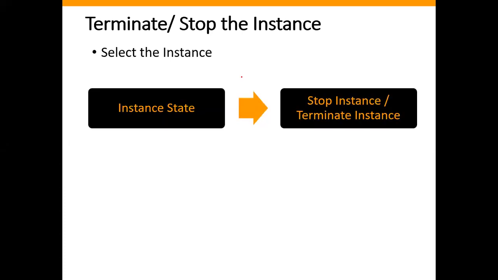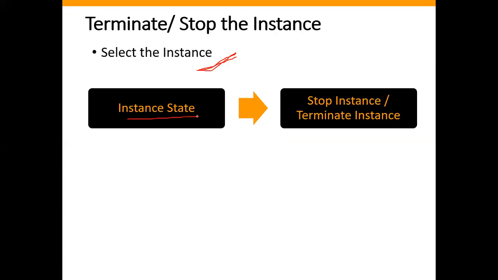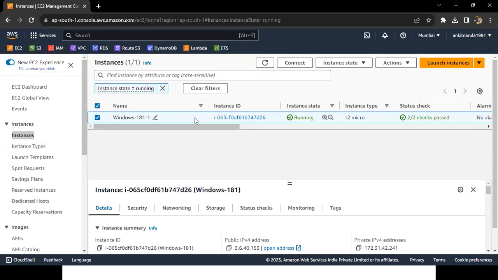To terminate this EC2 machine, I need to select this instance. I have already selected the instance. Click on Instance state. Here the first option is Stop, which means shut down, but I don't want to shut down.